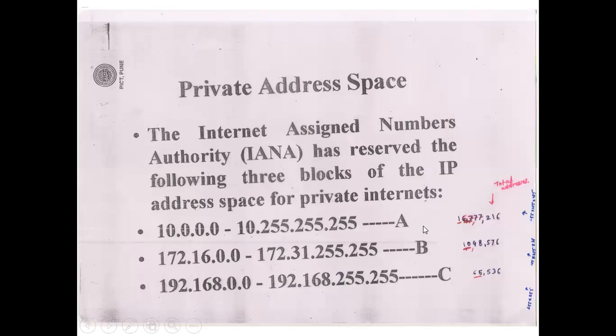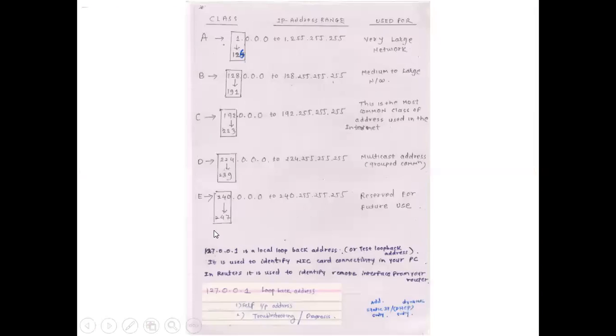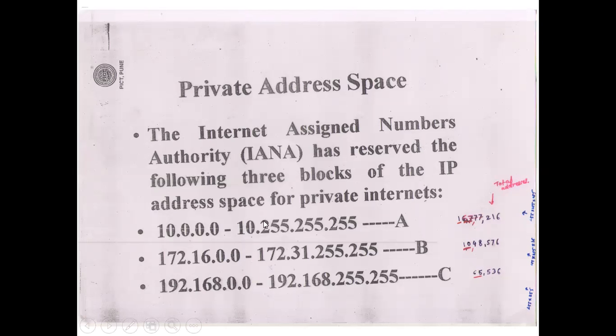Other than this, whatever IP addresses are available in the entire range are known as public IP addresses. For a public IP address, you have to pay money to the service provider. But the private IP address is reserved by an international authority: the Internet Assigned Numbers Authority, IANA, has reserved the following 3 blocks of IP address space for private internets.